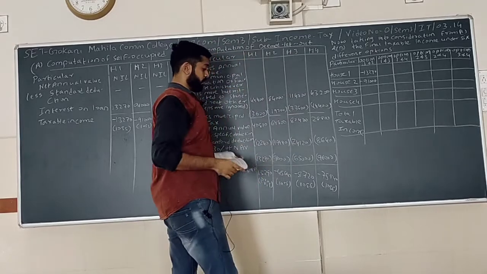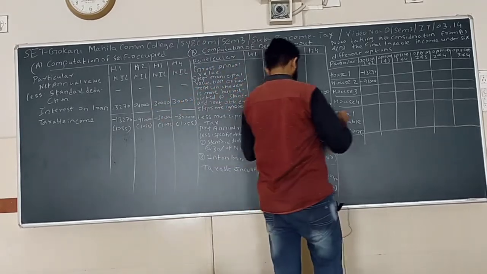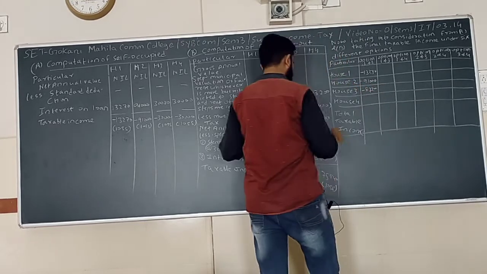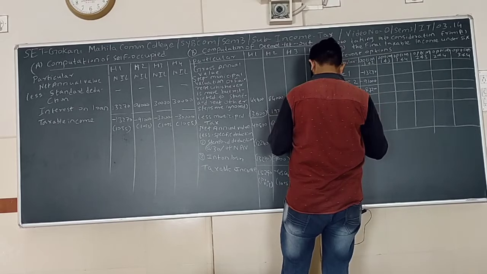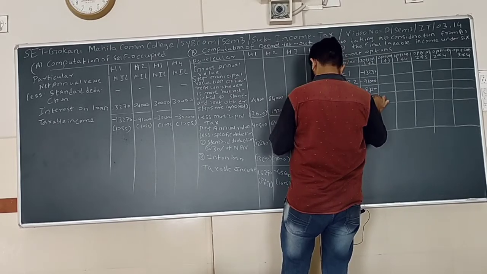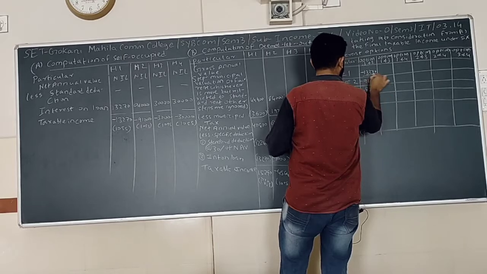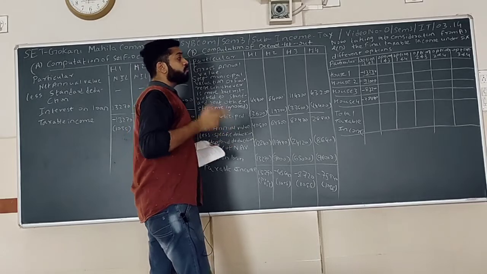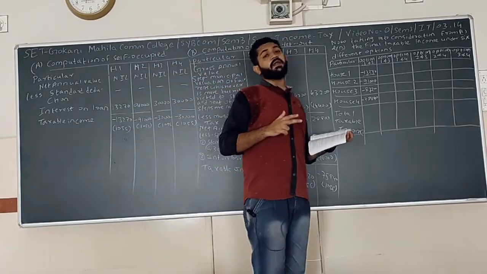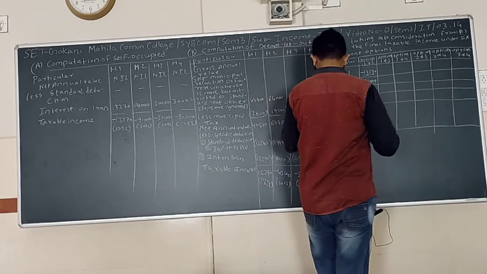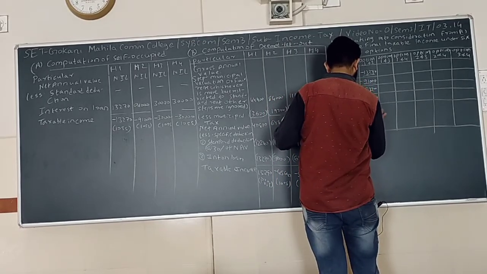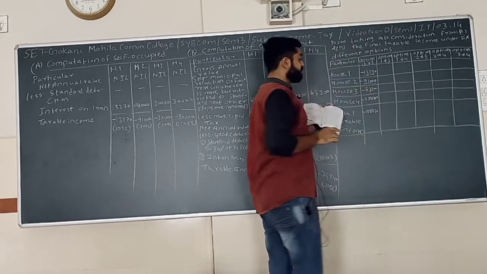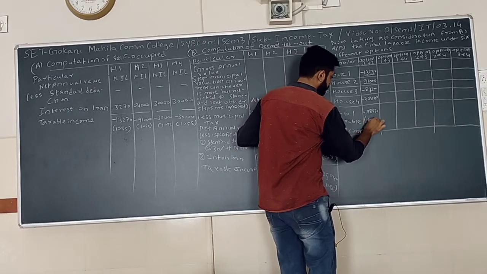For the let out, the third answer is minus 8,720, and the fourth part is minus 75,840. So house 1 and house 2 we include as self-occupied, and house 3 and house 4 we assume as let out. So the total is going to be minus 1,88,830. So this is the loss.